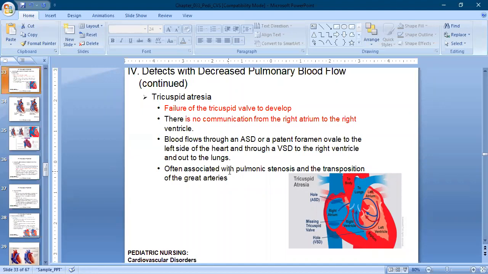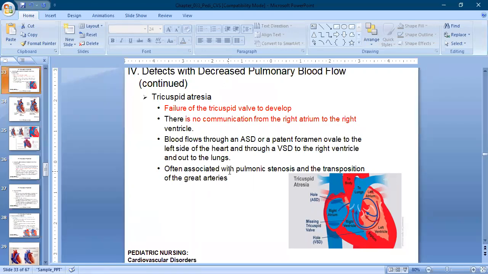The key symptoms are cyanosis, shortness of breath or dyspnea, tachycardia, hypoxemia, and clubbing.